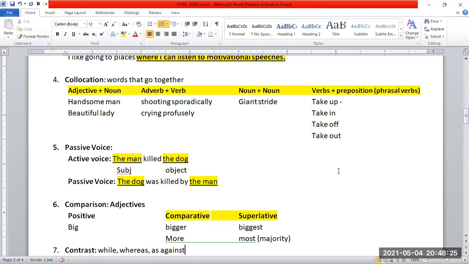So you have the dog being the subject, which was formerly the object, has now occupied the position of the subject, and the man, which was formerly the subject, has now occupied the position of the object. And so the verb has to change.